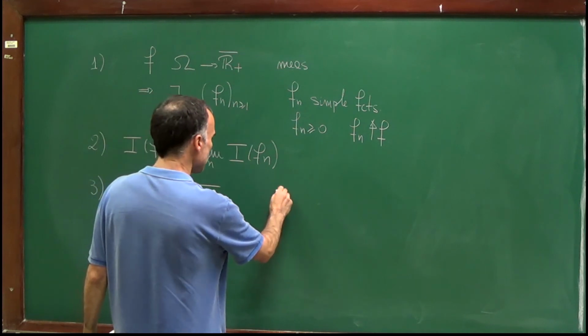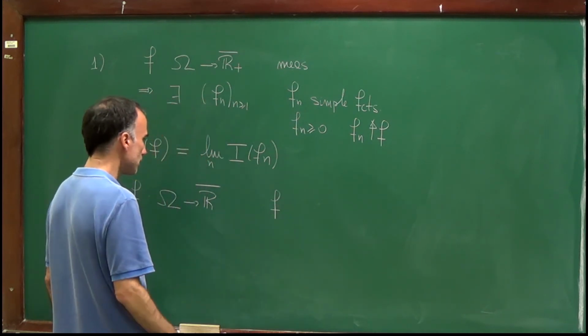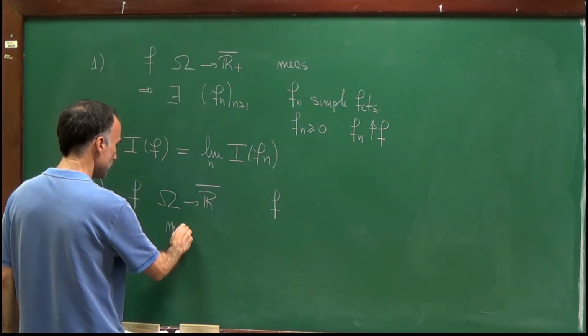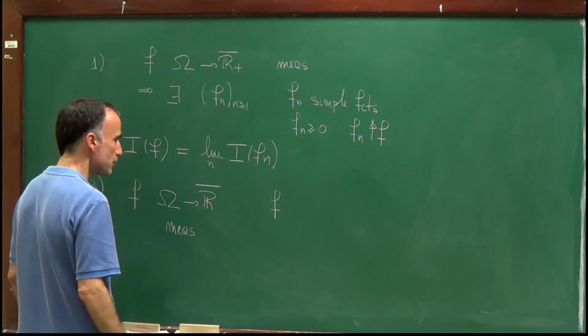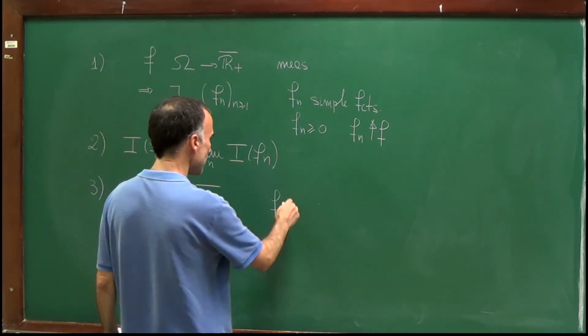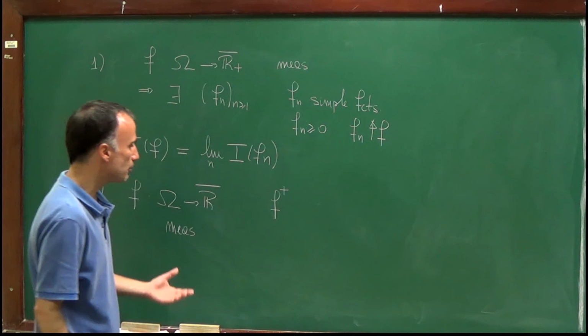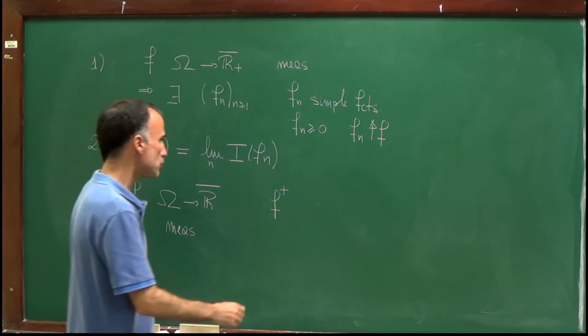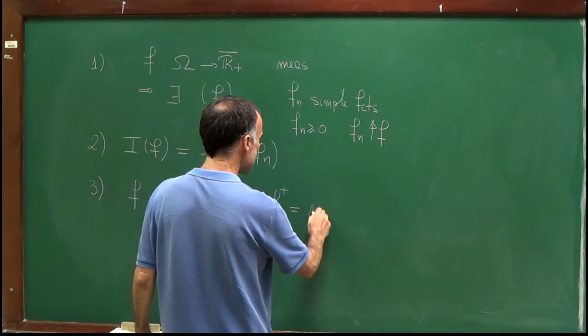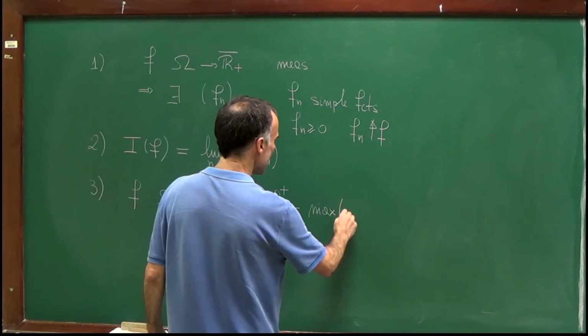First, I will define the positive part. So let's recall that I'm assuming this function to be measurable. So let's define by f plus the positive part of f. So that will be the maximum between f and 0.